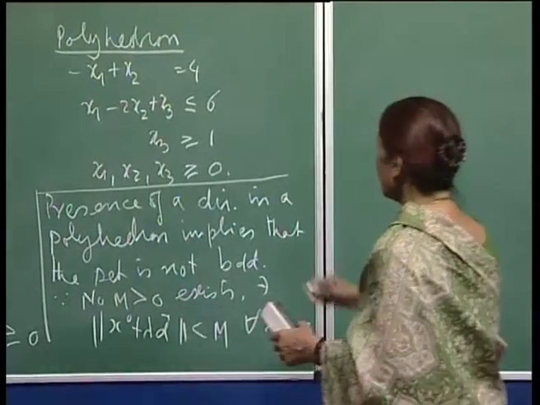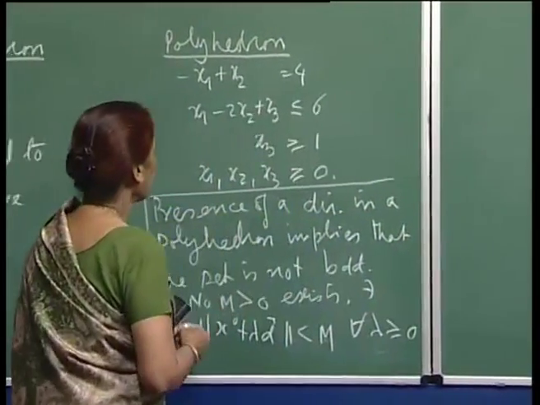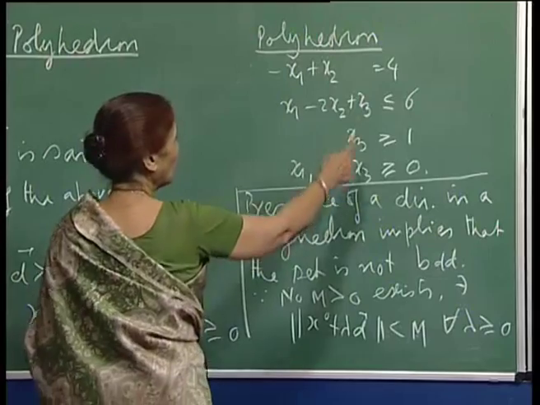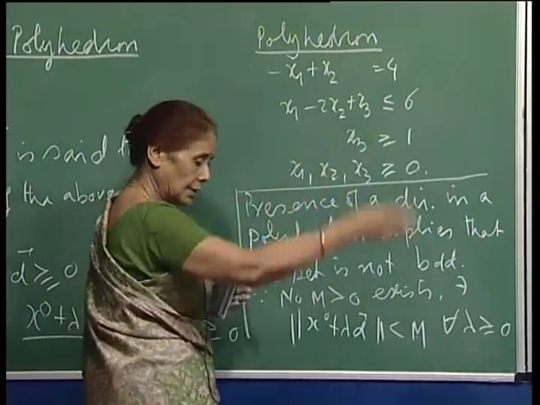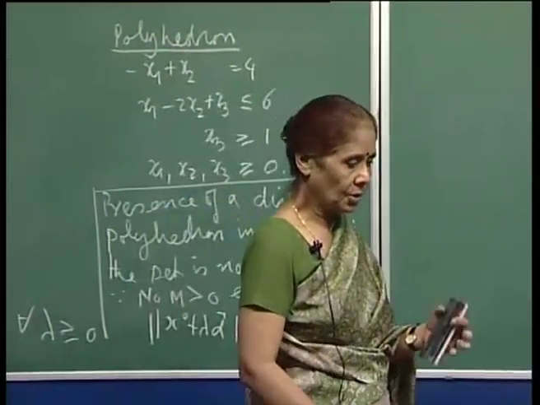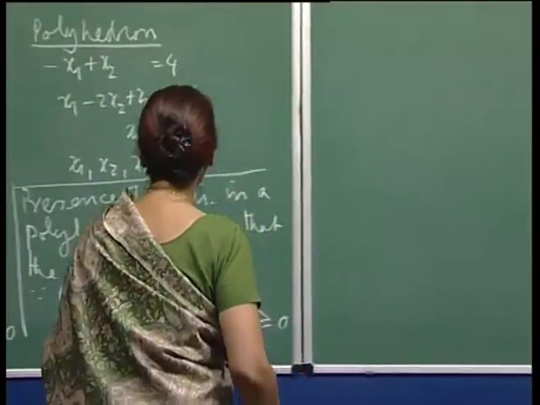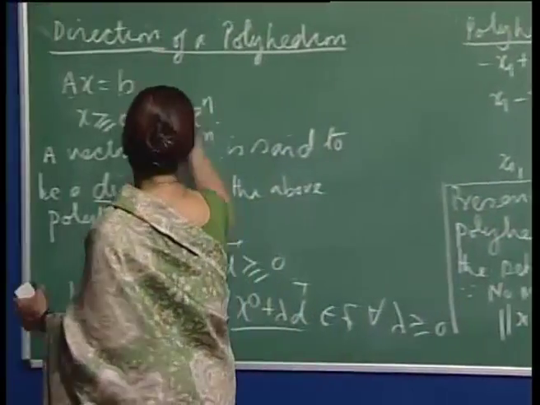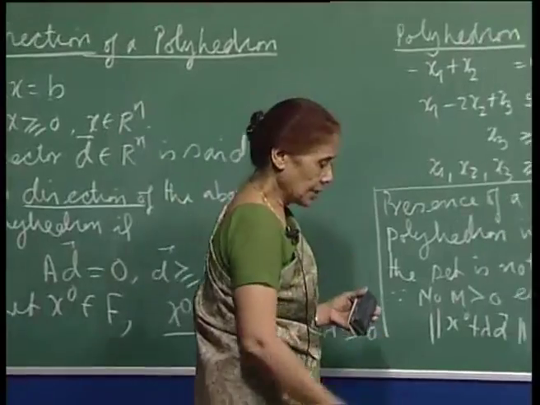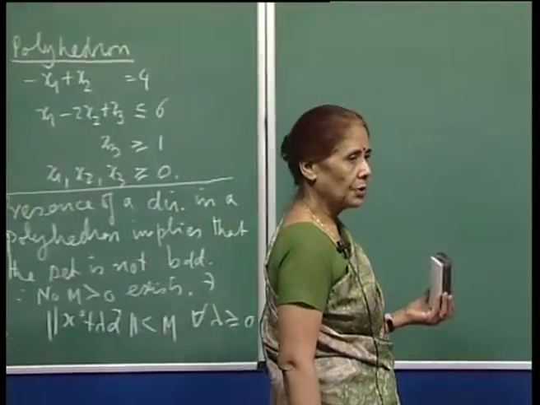Okay. So, let us look at this example here. Since I do not have all equalities, of course, I could convert it to standard form and then talk about it, but I want to demonstrate how you can modify this definition when all the constraints are not of equality type.